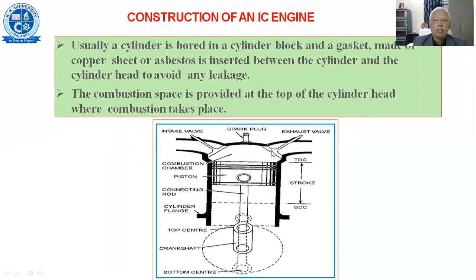So now little more. A cylinder, already we did discuss about it. Now you can see the positions, various positions. So now the piston is at its top dead center. You can see this is the TDC at the top dead center. And the piston moves down up to this point.